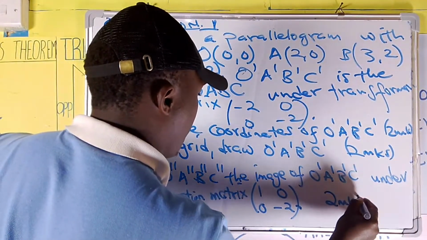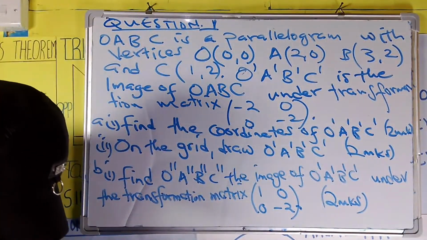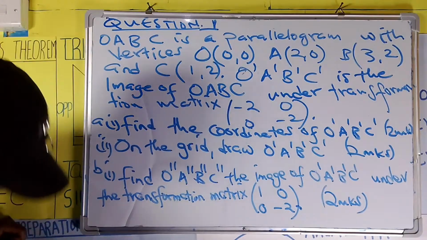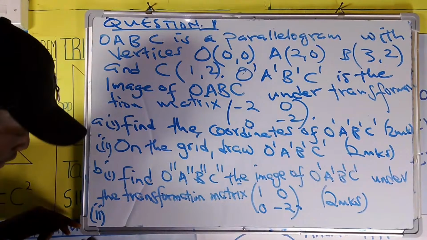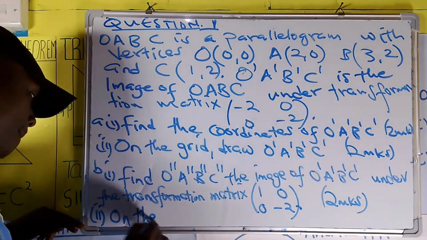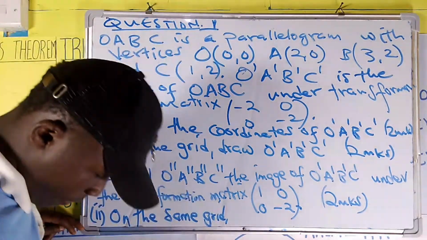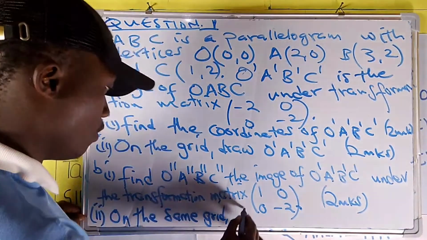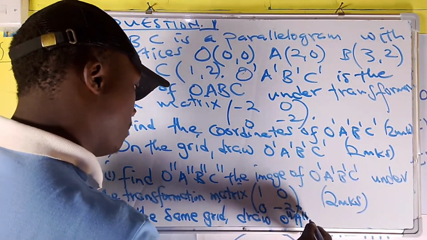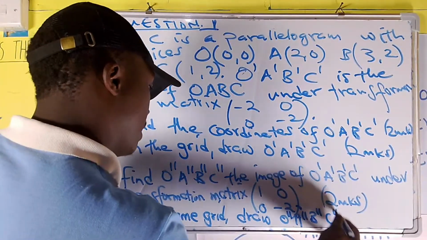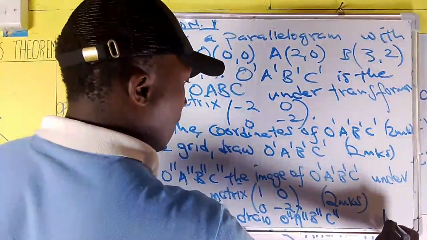Two marks. Then Roman 2, on the same grid, draw O double prime, A double prime, B double prime, and C double prime. 1 mark.